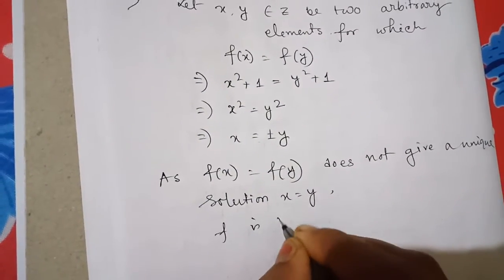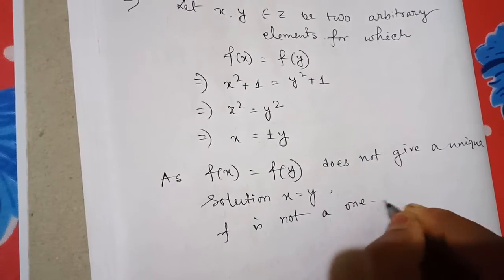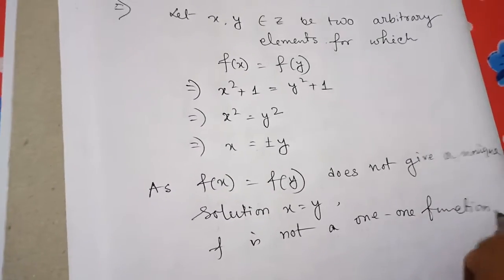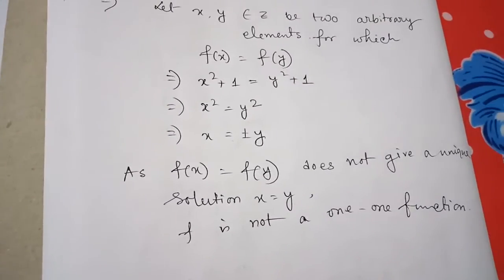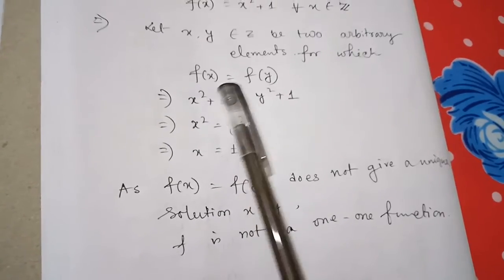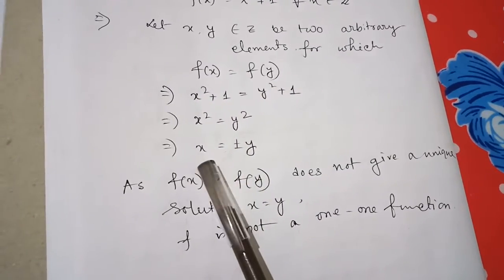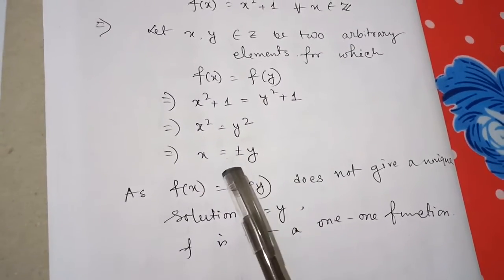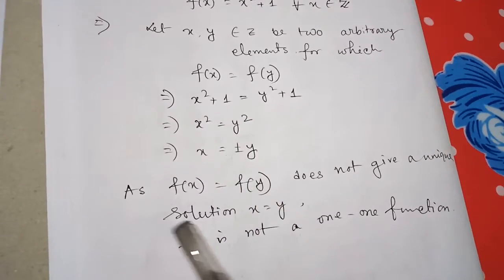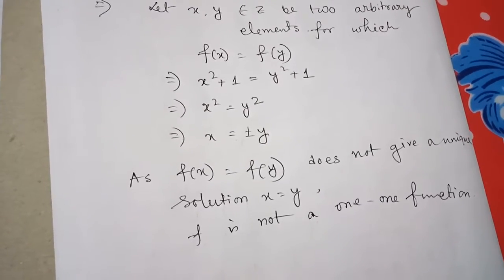So f is not a one-one function. Understood? This is the way you have to do it. First you have to take f of x equals f of y. From that you need to go to the step x equals y. If you are not getting x equals y, that means f is not a one-one function.